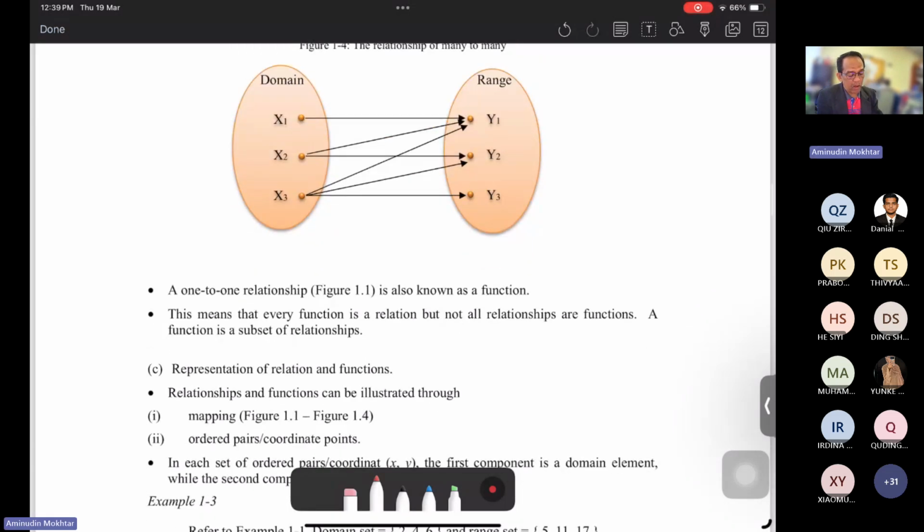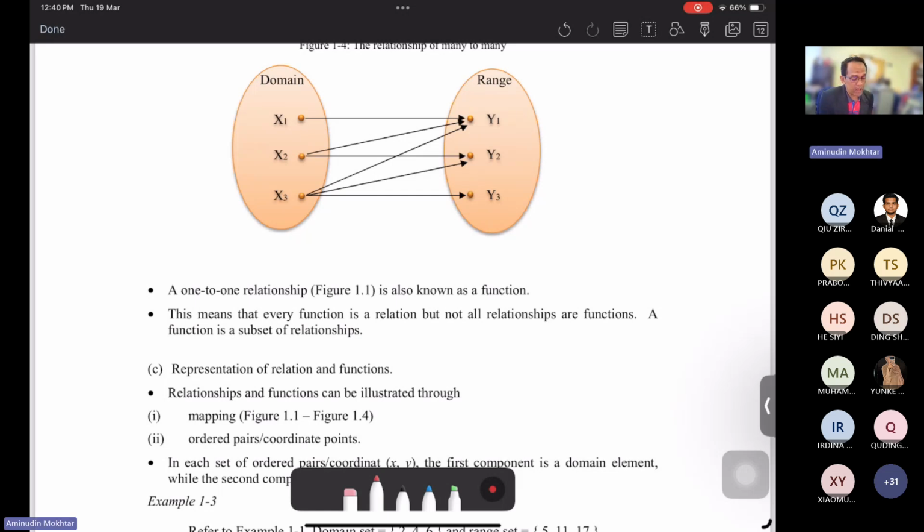In other words, if it is a one-to-one relationship, one input produces one output, that's a function. The function refers to the situation when one X can produce one Y only, one input and one output. Other than that, there is no function. We just call it a relationship.